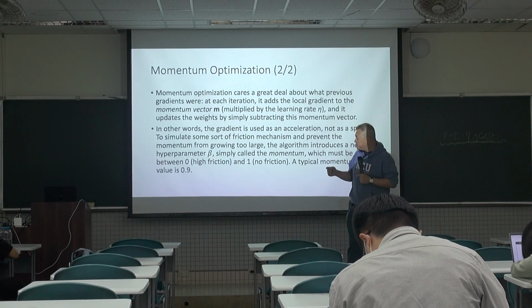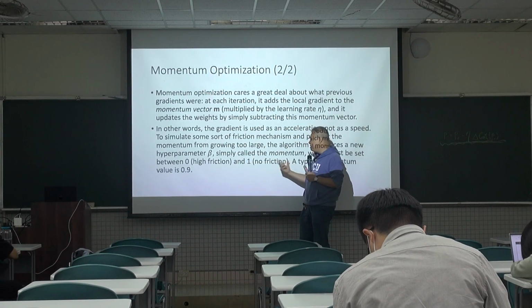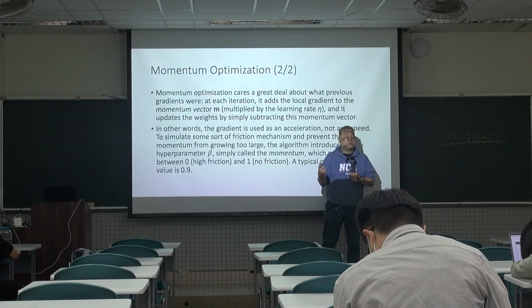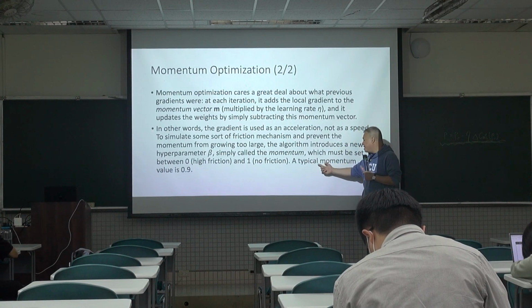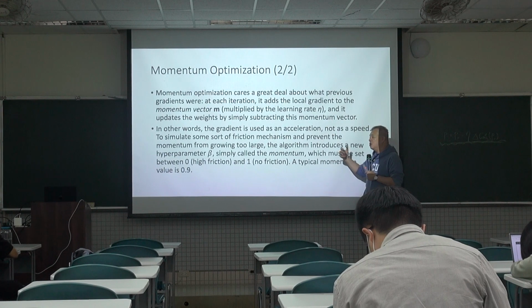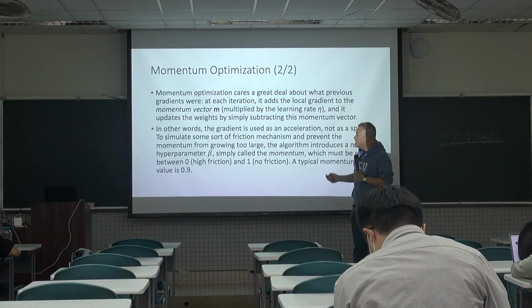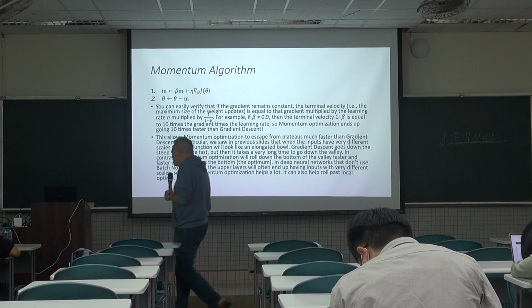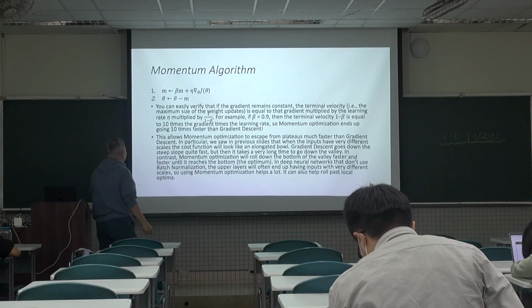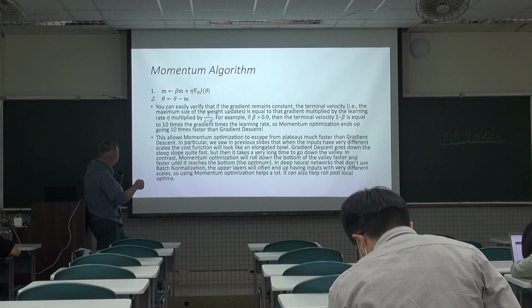If it is set to 1, it means we have no friction. The default value for this momentum or friction hyperparameter is 0.9. And the formula for the momentum optimizer goes like this. See, m is a sign.